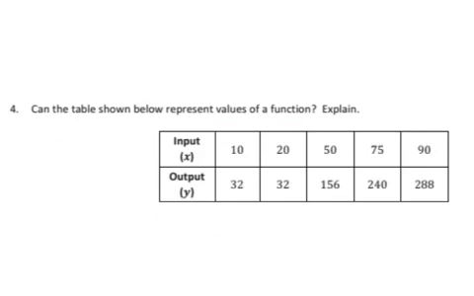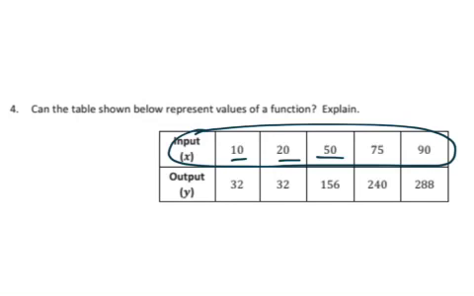Last one, if we look at this table, look at your x values. I do not see anything repeating at all. I just have a 10, a 20, 50, 75, 90 in my inputs. So since there's no repetition or nothing duplicating, yes, this is a function.